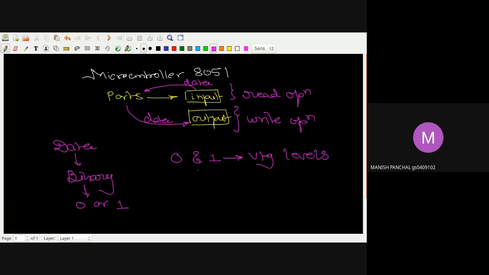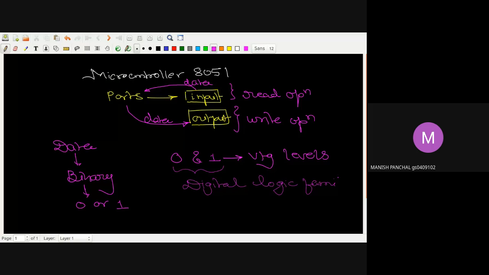It depends upon what type of digital logic family you are using. According to it, we will decide the 0 and 1 logic, through the digital logic family with which the microcontroller is designed.